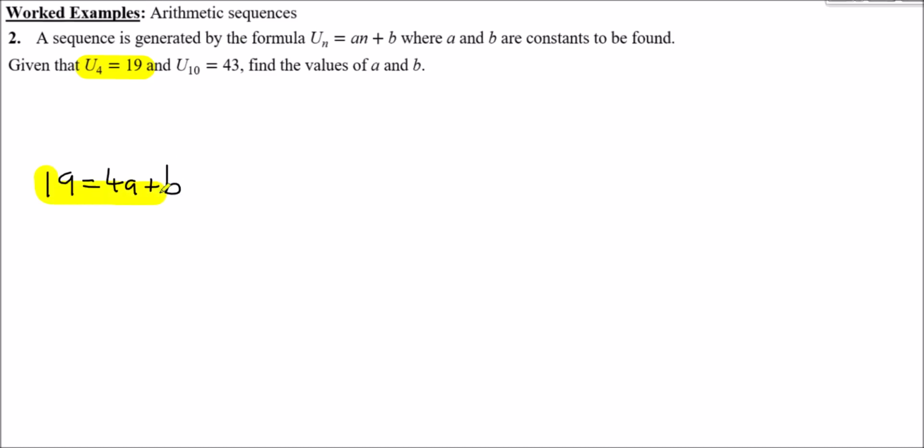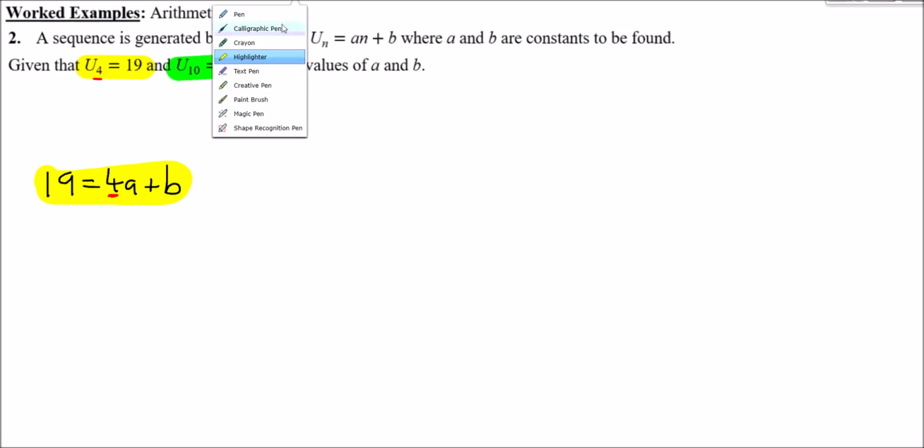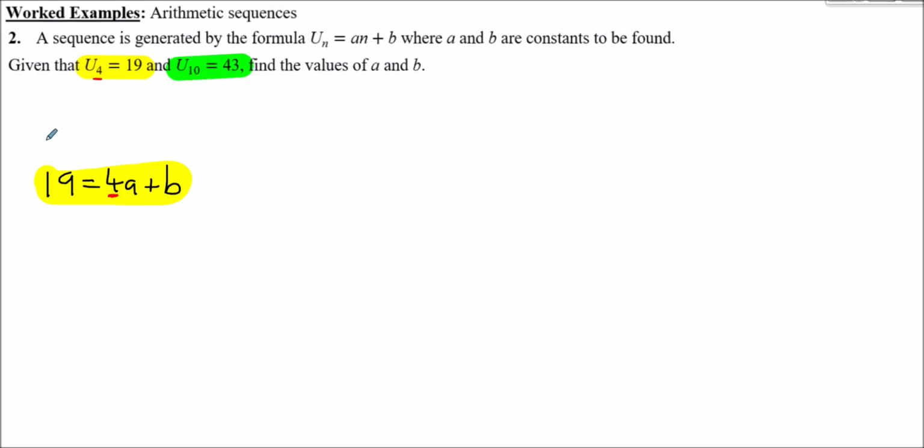Just using the fact that the fourth term is 19. Whereas the 10th term, u10, is 43. So we have 43 equals a times 10, 10a, plus b.